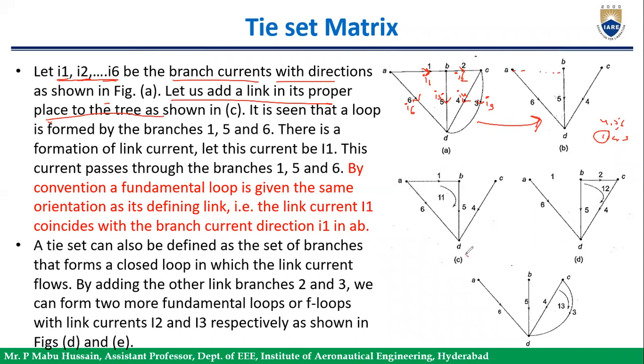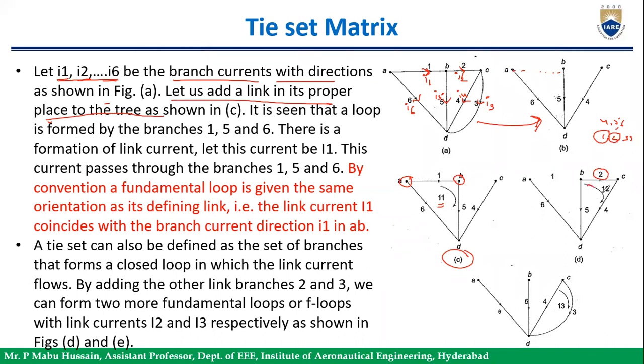See here in figure C, between nodes A and B we are adding link 1, so that we get one loop. Let us call this loop current I1. Like that, you have another link 2, which you replace in the same position of its branch.